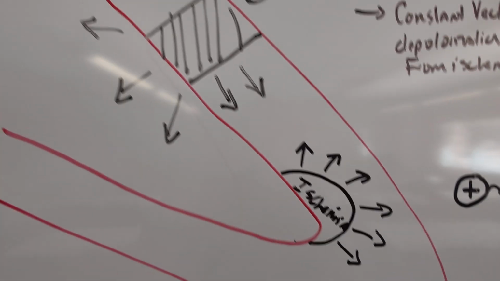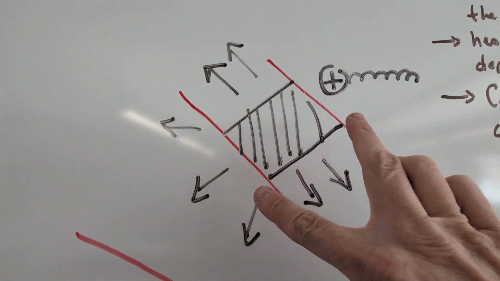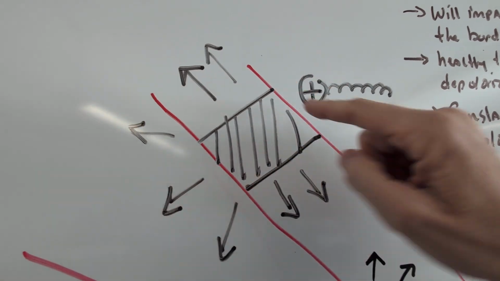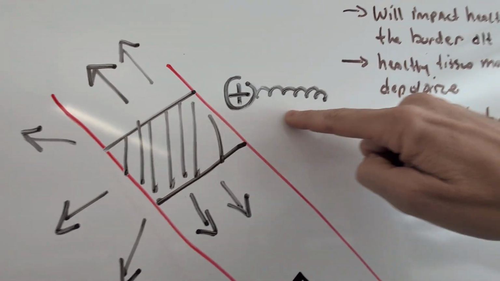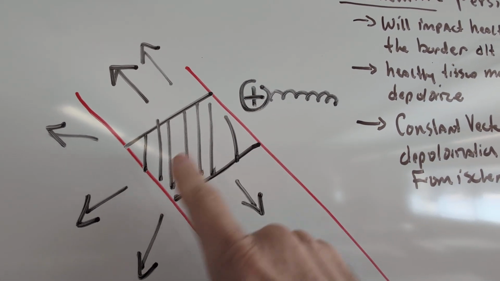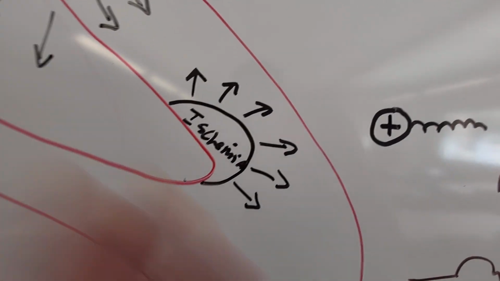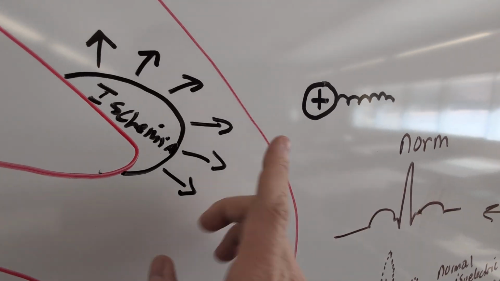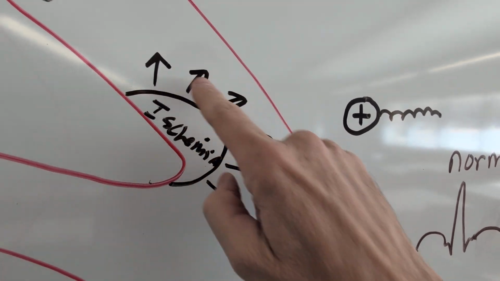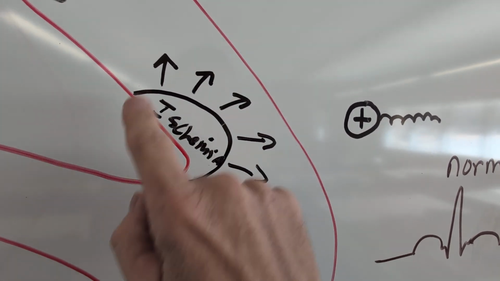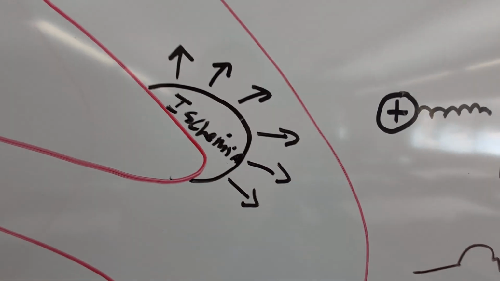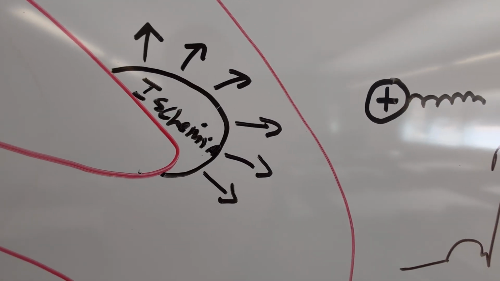But unlike the setting of transmural ischemia, where the flow can't move toward the positive electrode because it is essentially non-functional tissue, here only part of the thickness, the inner part of the wall, is involved.